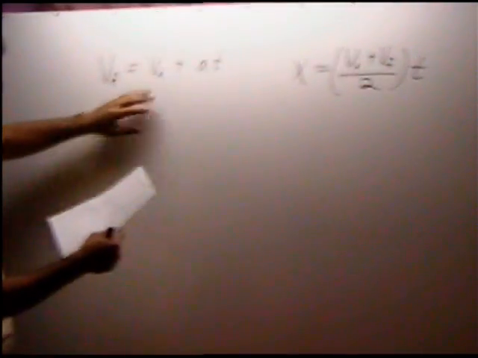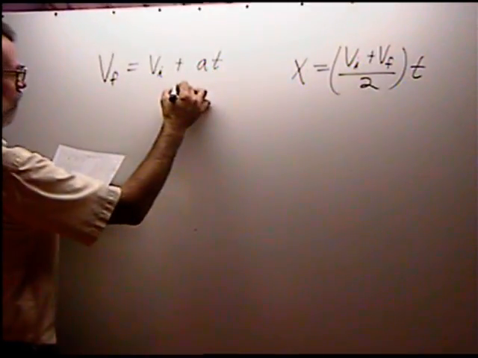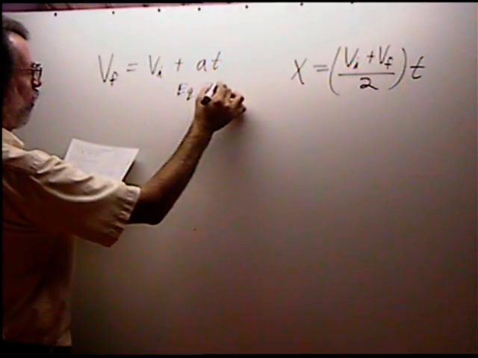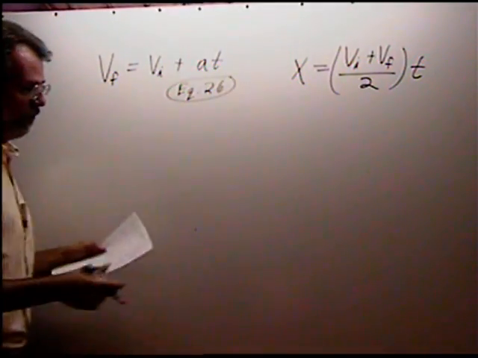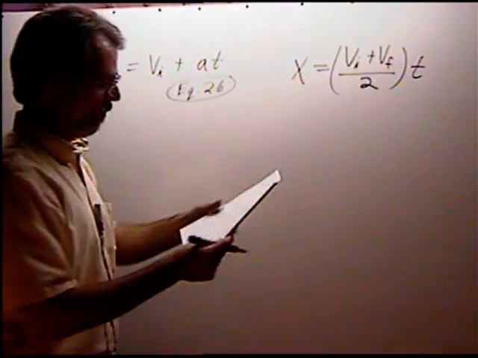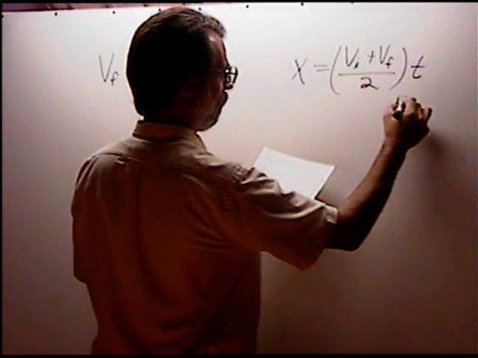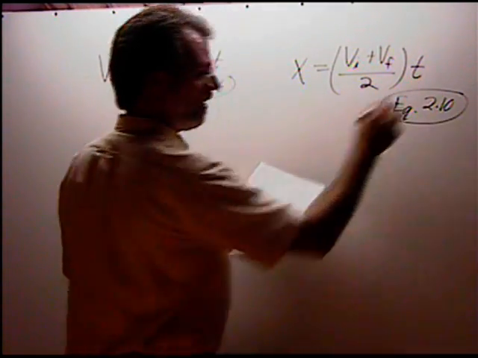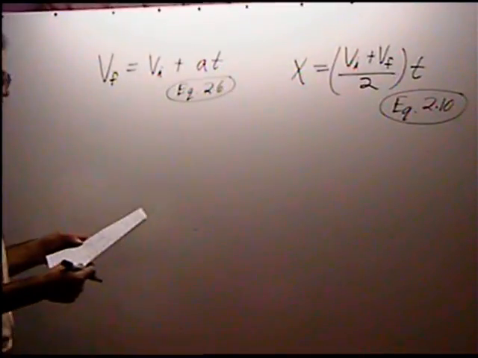We have this equation here, which, by the way, is equation 2.6 in the textbook. And then we have this equation, which, by the way, is equation 2.10 in the textbook. Okay.